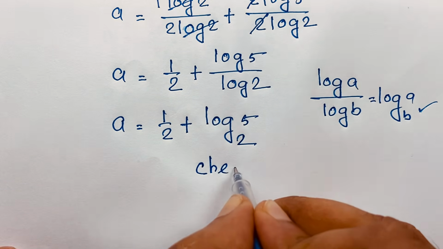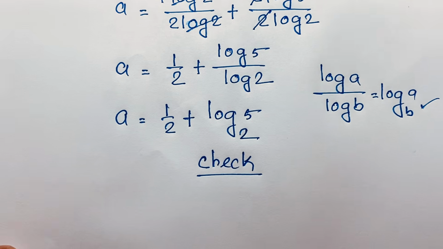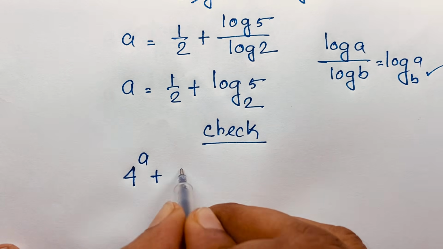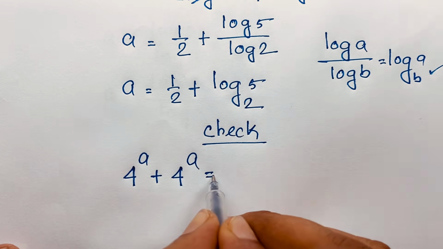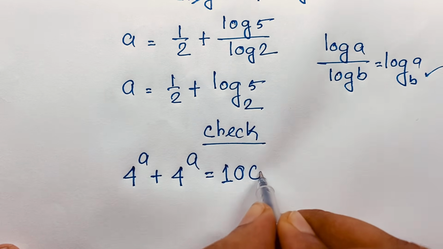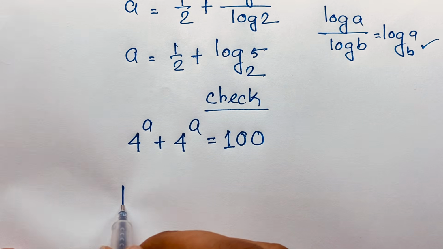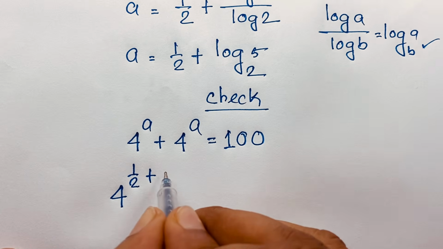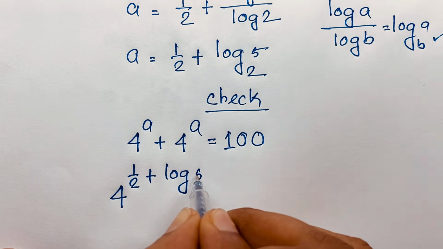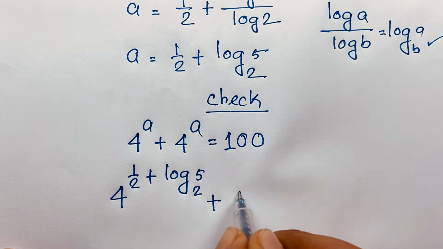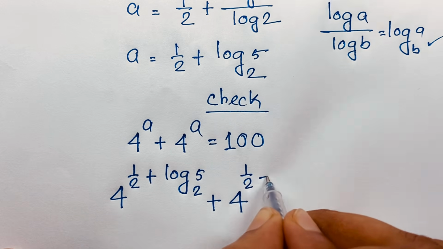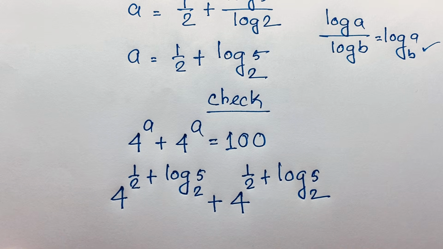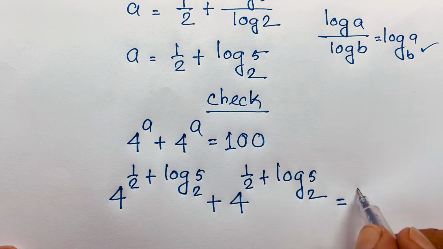Let's verify our answer. Our question is 4 to the power a plus 4 to the power a is equal to 100. But remember that a is equal to half plus log 5 base 2, so 4 to the power half plus log 5 base 2, plus 4 to the power half plus log 5 base 2, is equal to 100.